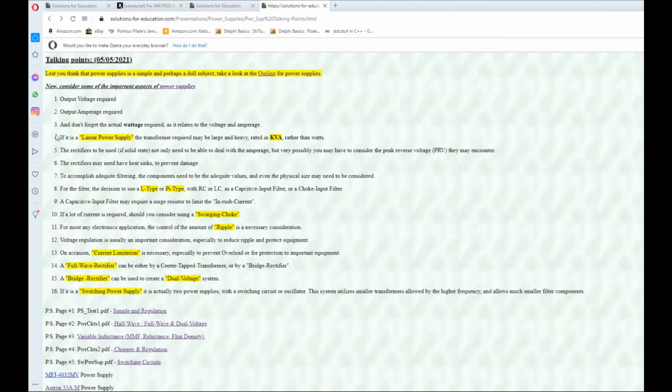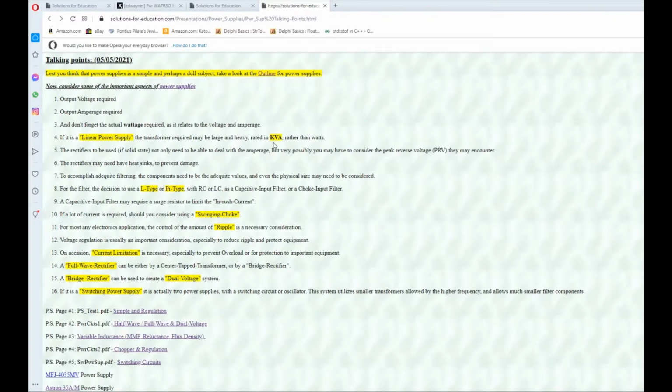And we look at that, and then don't forget the wattage. And by the way, with the linear power supply, and that's what we're going to be discussing most of the time tonight, we will, if we have time, get into some switching power supply characteristics. And there might be some surprises there for some people.